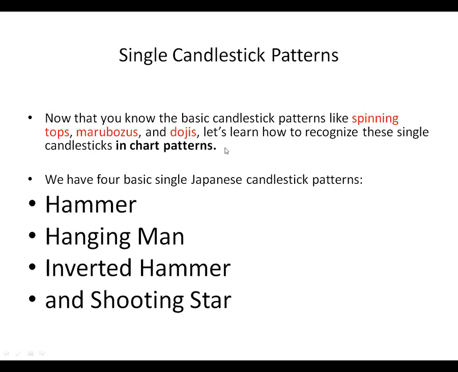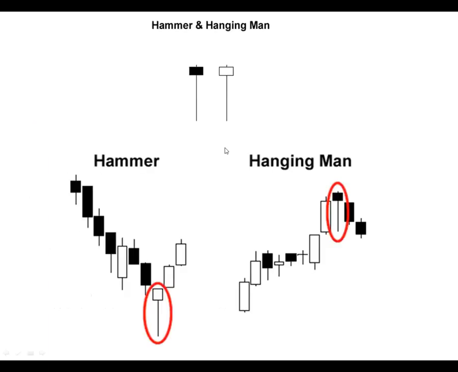Now, quickly, look at this chart in front of you. The chart you are seeing here is demonstrating the hammer and then the hanging man to us. When you look at these two candles, this first one, the black one, is a doji candle.